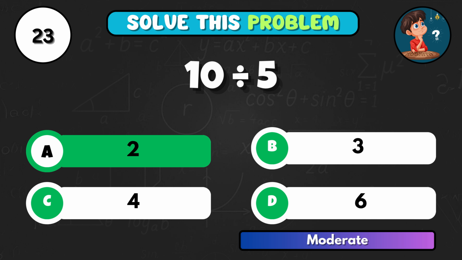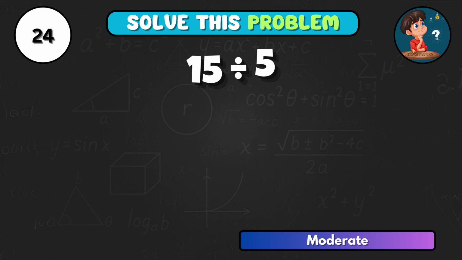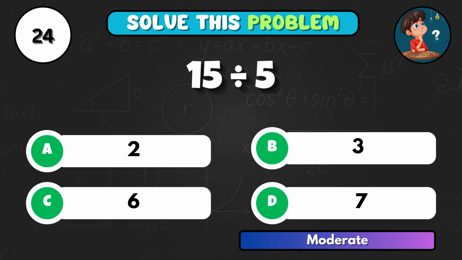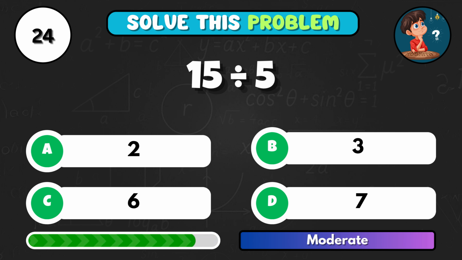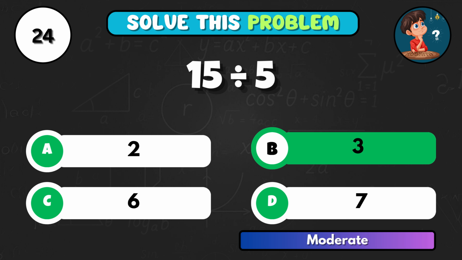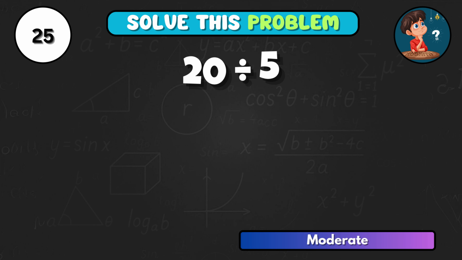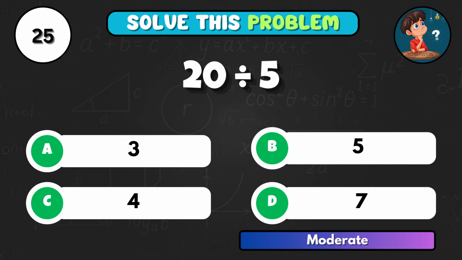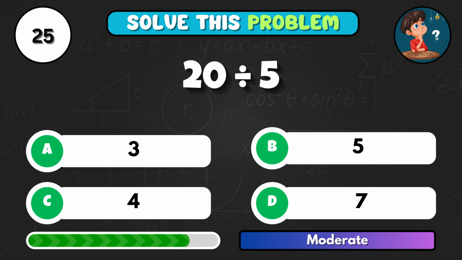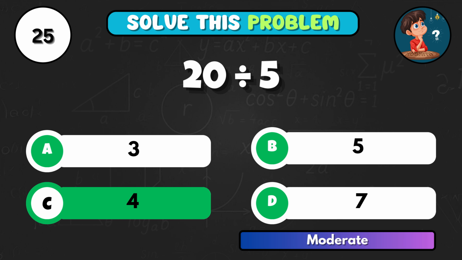That would be A, 2. And 15 divided by 5 comes out as... The right answer is B, 3. Divide 20 by 5, what do you get? The result is C, 4.